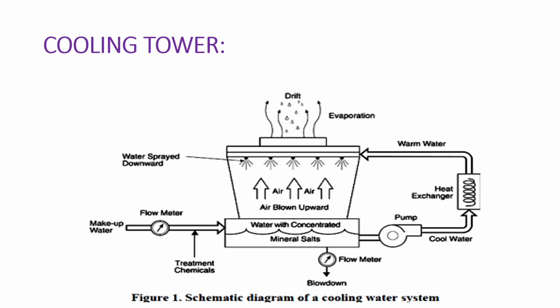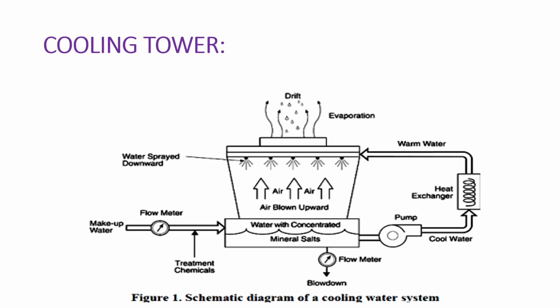This is the schematic diagram of a cooling water system. First, warm water is introduced from the top of the tower. Then this warm water is sprayed downward, and the air comes from the bottom of the tower. There is contact between air and water, which causes some water to evaporate, and this evaporation takes away heat.